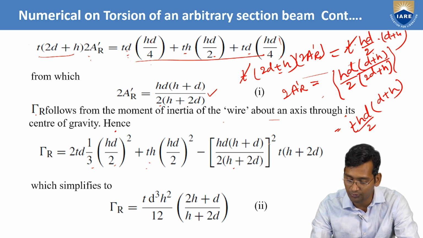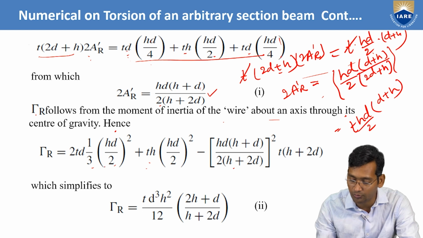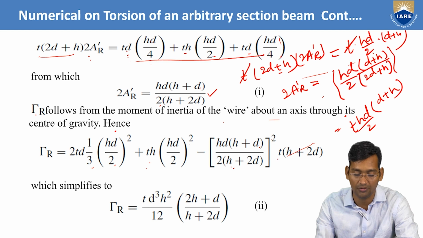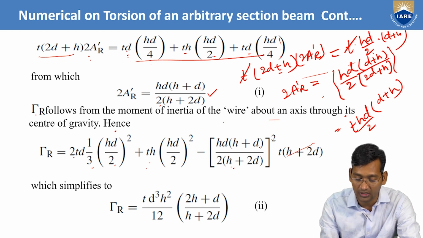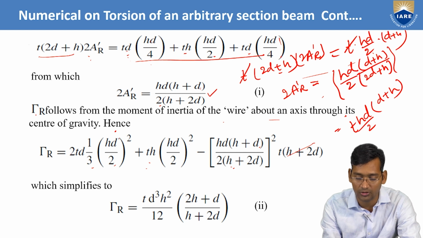Now just see here, a square is there everywhere, but here these two are there. But first simplify this term. So HD into H plus D whole square divided by this. So one square with this H plus 2D will get cancelled. Only T will be left. After this I take T common here. Once we multiply this, this will be H square D square by 4. After multiplying, 2 and 4 get cancelled to 2, so 1 by 6.